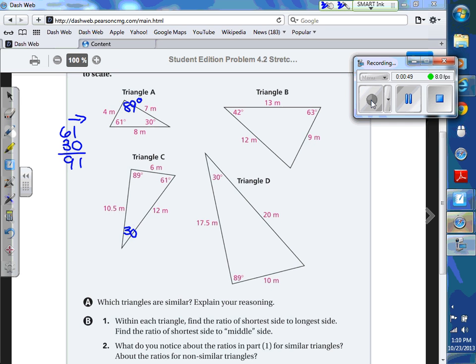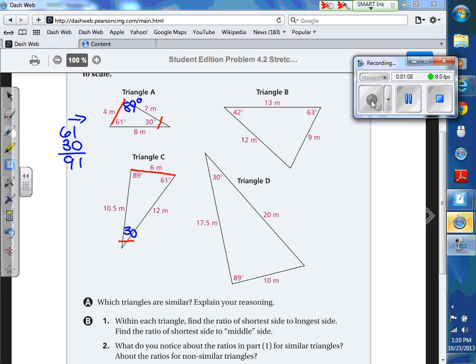Corresponding angles mean the smallest angle. So if I look at the smallest angle, being 30 here, it corresponds to the smallest angle there. That means the sides that correspond are this 6 and this 4.